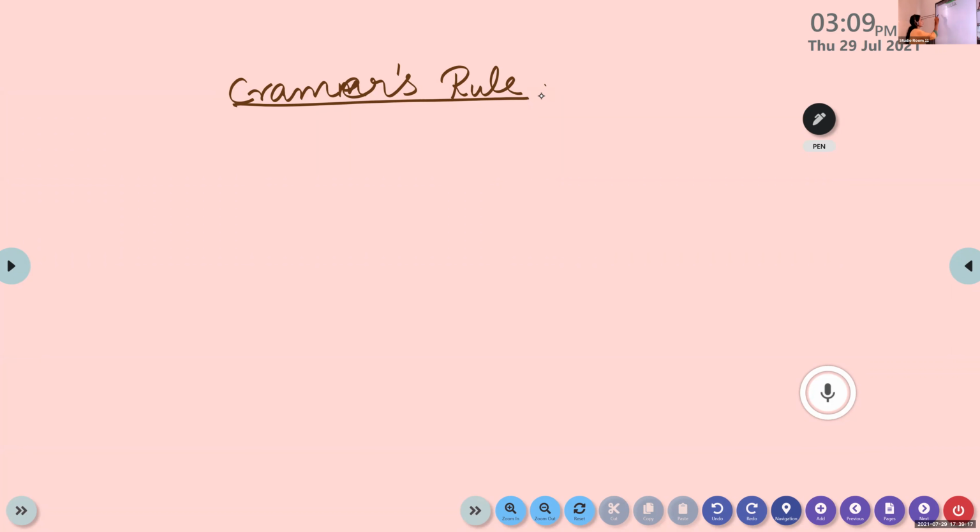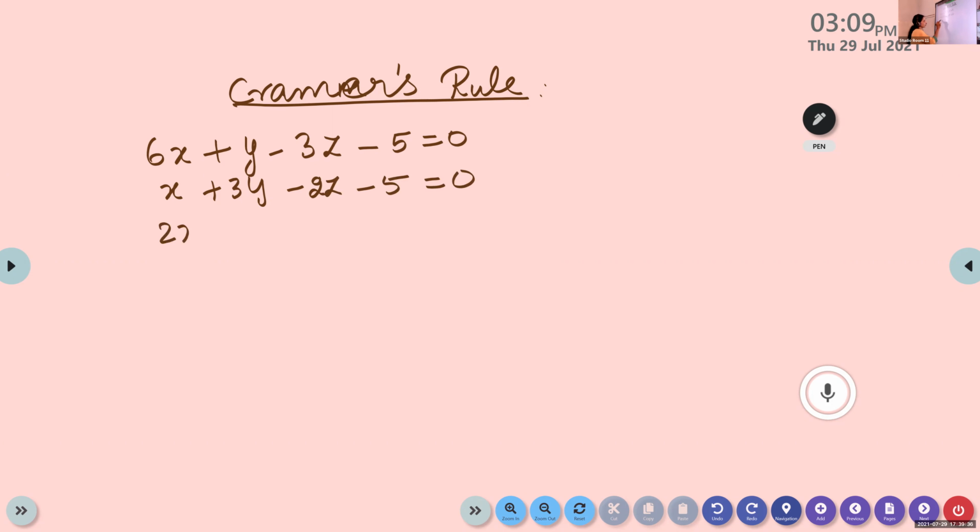Look, the first equation is given like this: 6x plus y minus 3z minus 5 is 0. x plus 3y minus 2z minus 5 is 0. 2x plus y plus 4z minus 8 is equal to 0. Solve the system of equations by Cramer's rule.